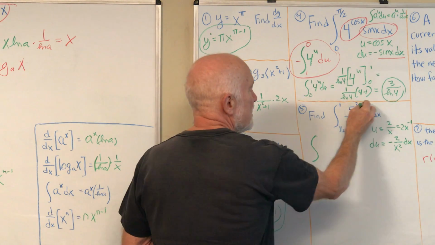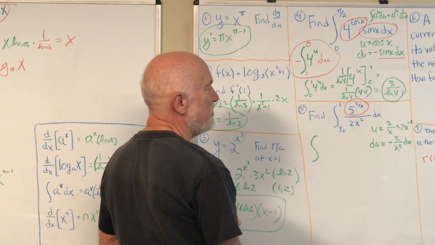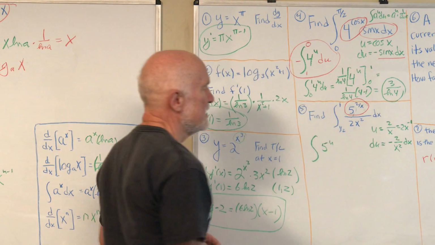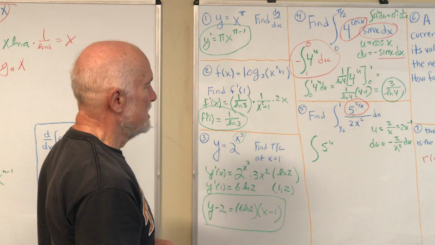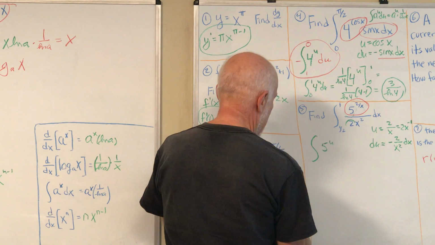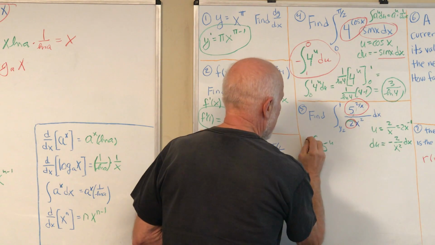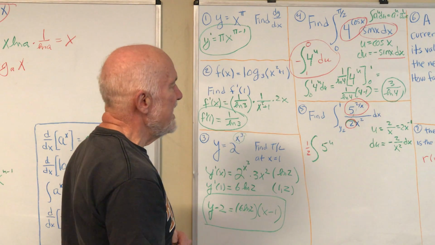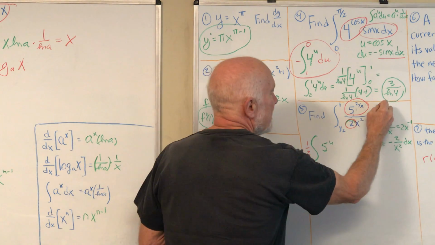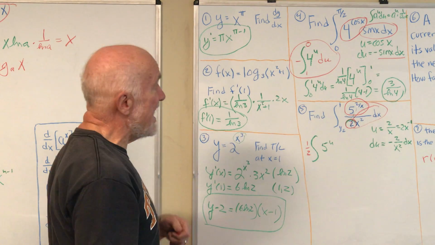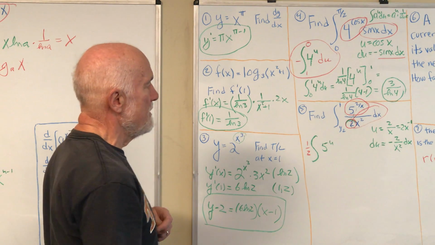If I circle that, I can replace that with 5 to the u. I could take this 2 and just put it right out front as 1/2, then I don't have to deal with it. And what do I have left? I have left dx over x squared.